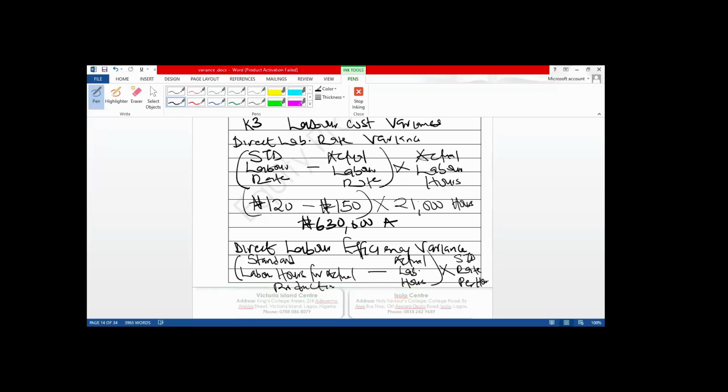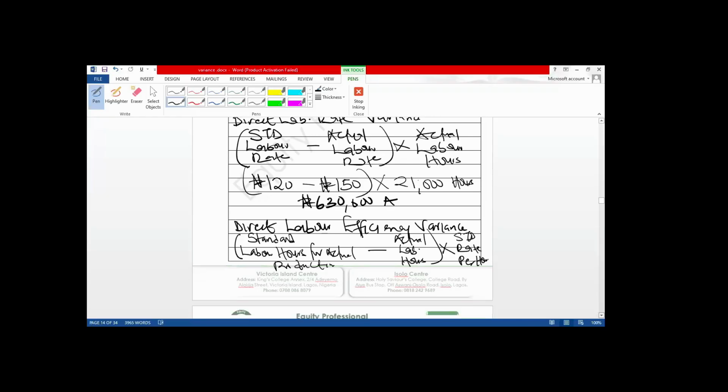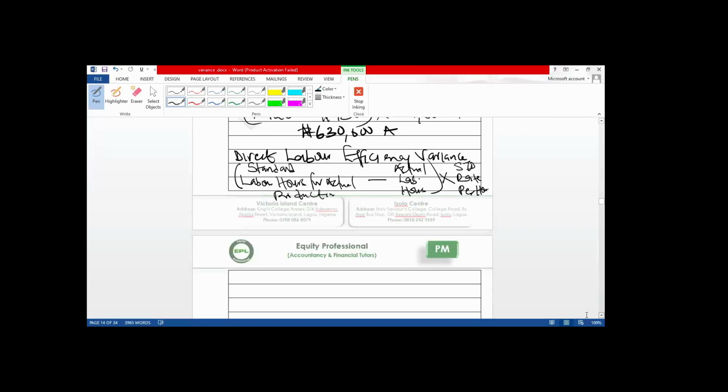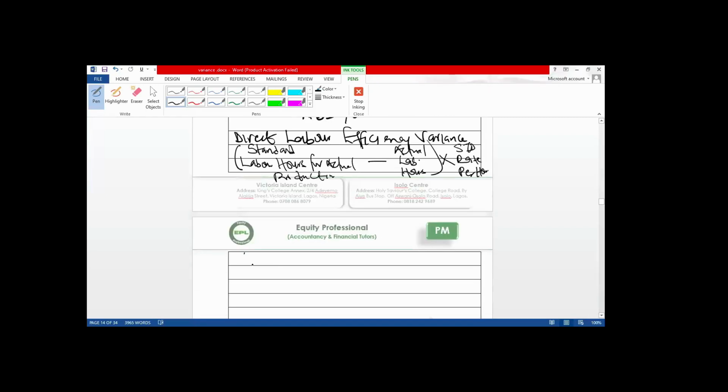We now pick 2,800 multiplied by 10 hours. Then I'm supposed to use 28,000 hours. My standard hours should have been 28,000 hours. Actual hours used, 21,000 hours. You see now?